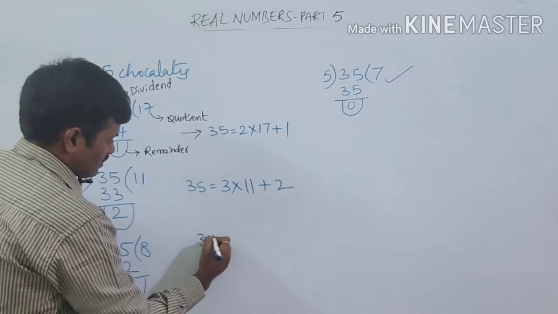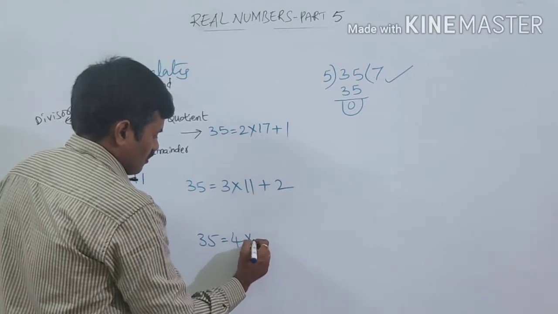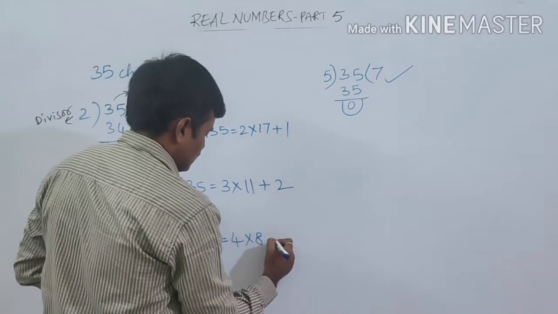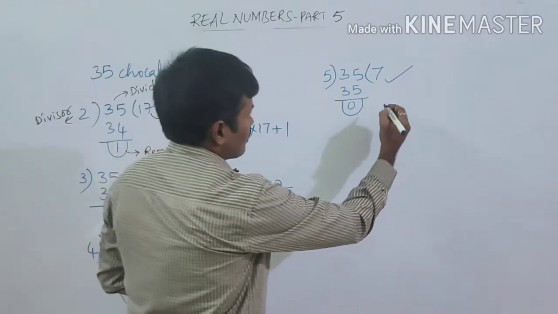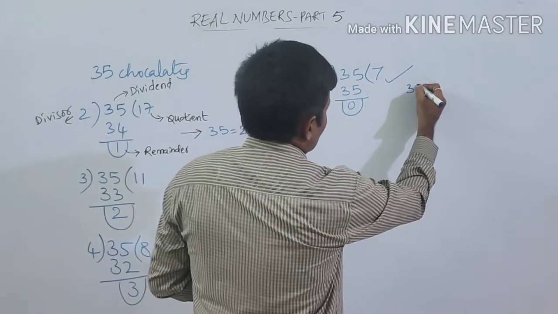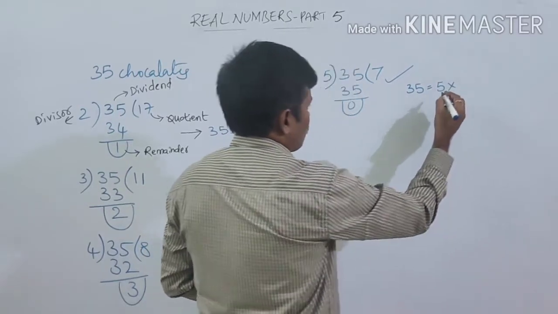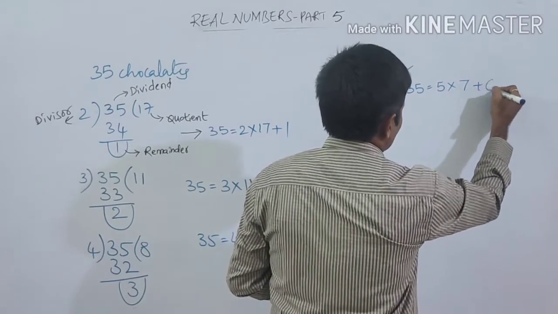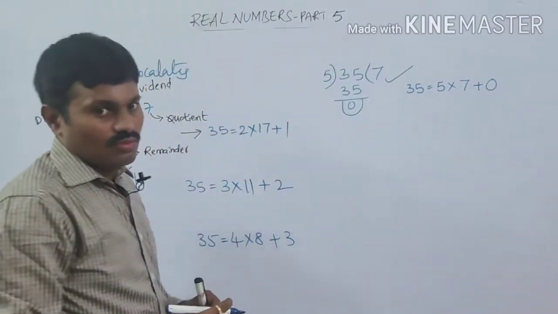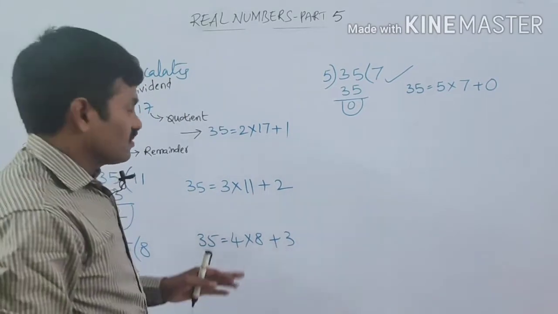In this case, I distributed to 4 friends, each one gets 8 chocolates, and 3 are left over. Here I distributed to 5 friends, each one gets 7, 5 7s are 35, but the remainder is 0. No chocolate is left over.